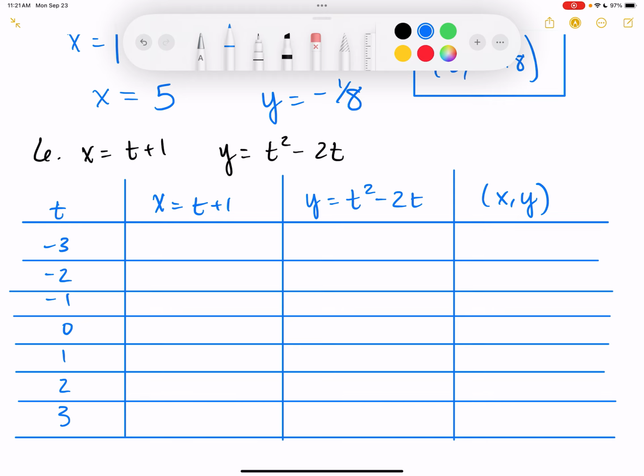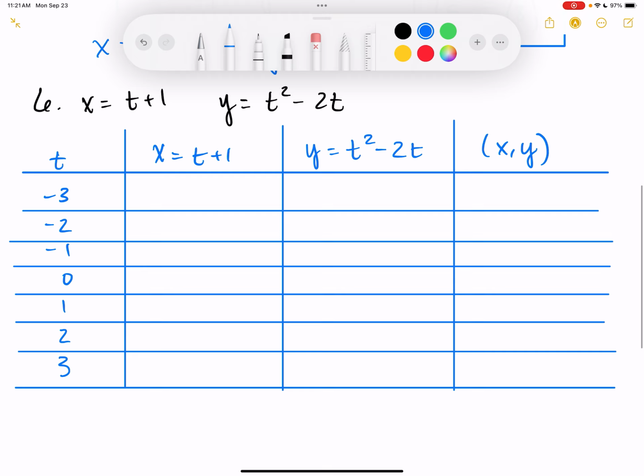So what happens when I plug in -3 for t? What's -3 plus 1? -2.